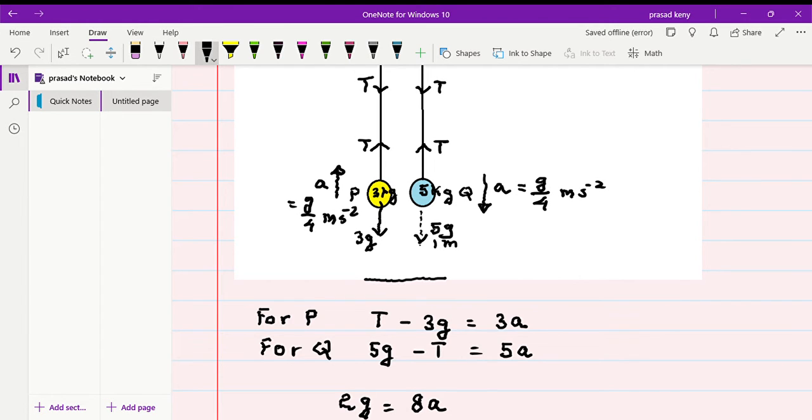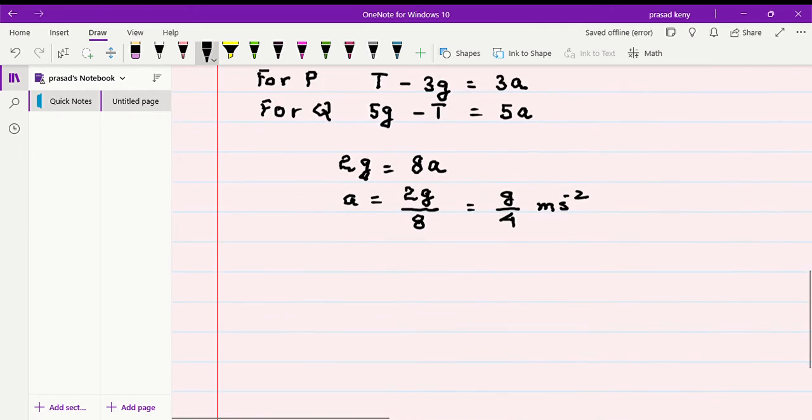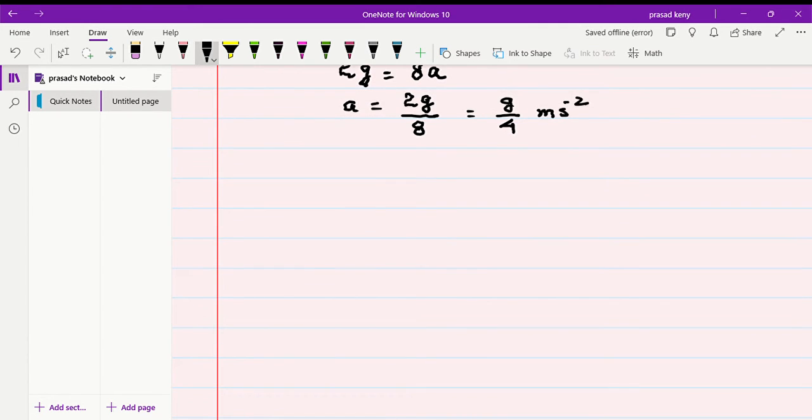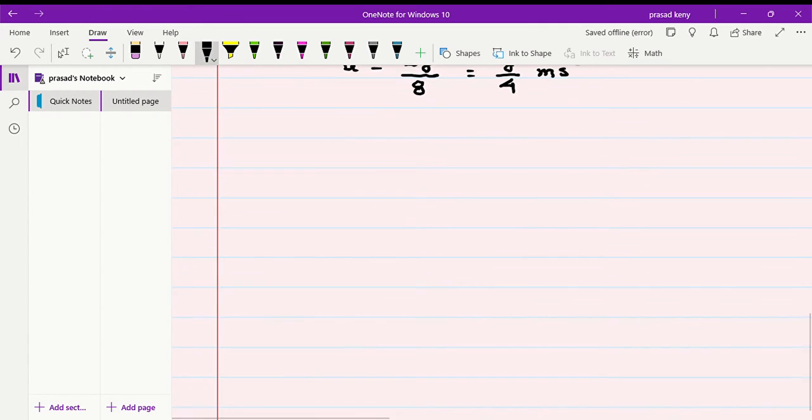Okay, now this particle Q is traveling 1 meter down and coming to the ground, and it does not rebound. So let us see this situation. Let us draw the diagram. So this is particle Q here.